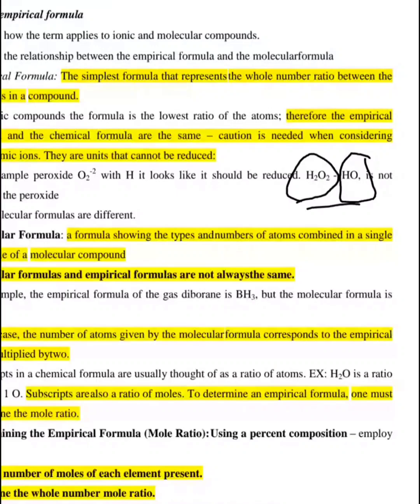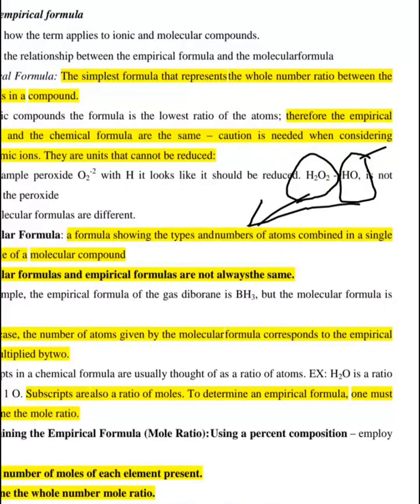In the molecular formula, you write the exact number of atoms present in the compound. But in the empirical formula, you just represent the ratio of the different atoms present. So this is the major difference between the empirical and molecular formula.